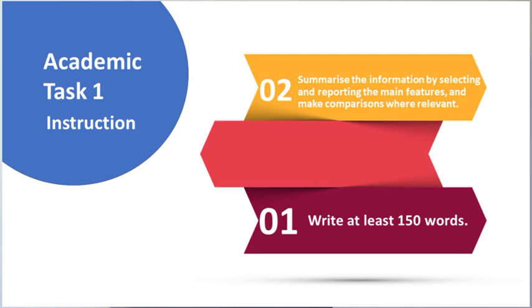You must ensure that you summarize the information provided on the charts. You must make sure that you select the main features and report them appropriately. Of course, you are also expected to make comparisons where relevant in your writing. Without one of these or any of these, you are not likely to achieve the task given to you in task one, especially for the academic training module.